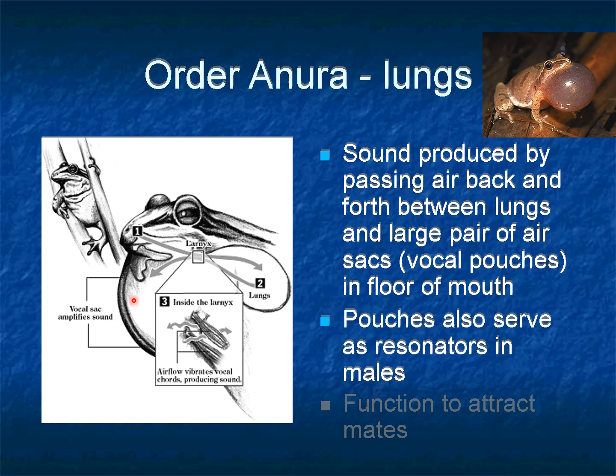These vocal pouches also act as resonators, thus increasing sound in males, whose primary function is to attract females. I hope you have seen that video of the spring peeper in the last lecture. By the way, this is our spring peeper.